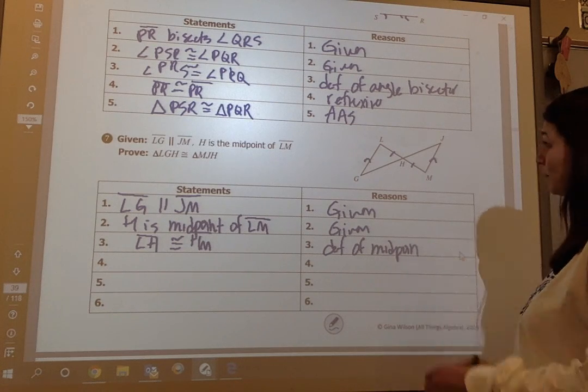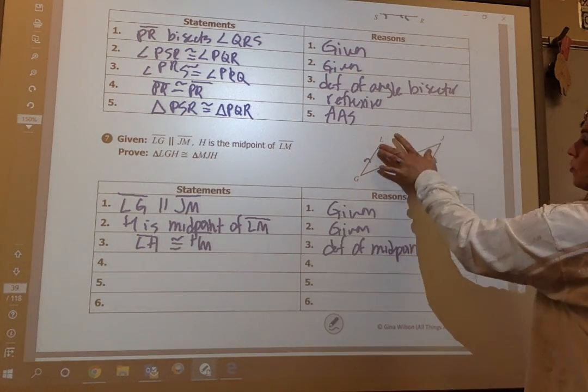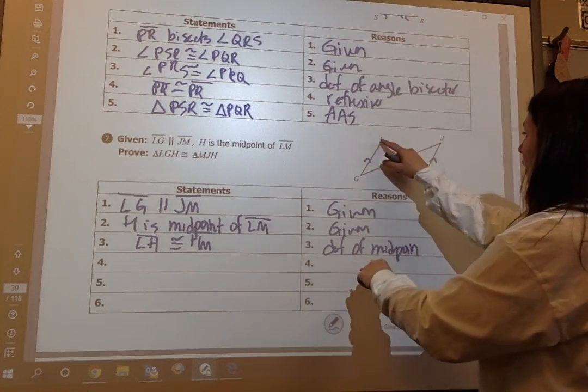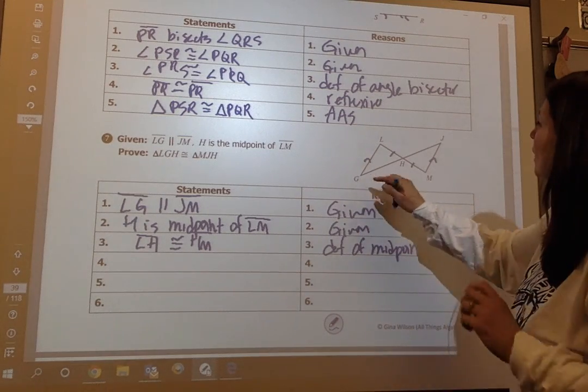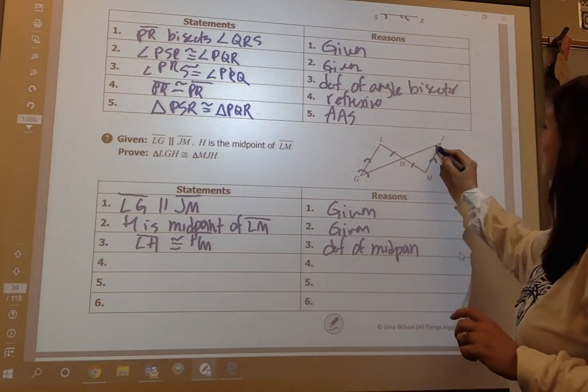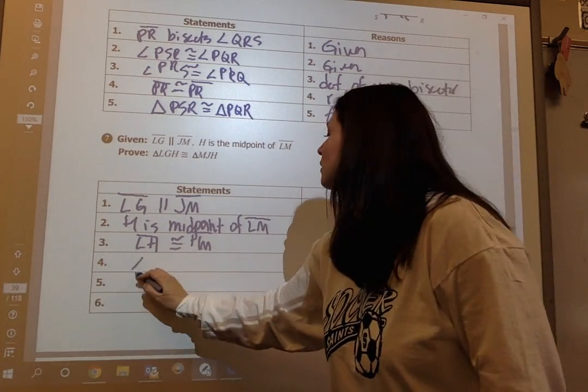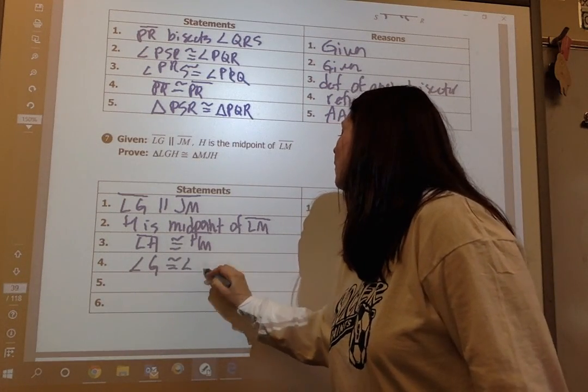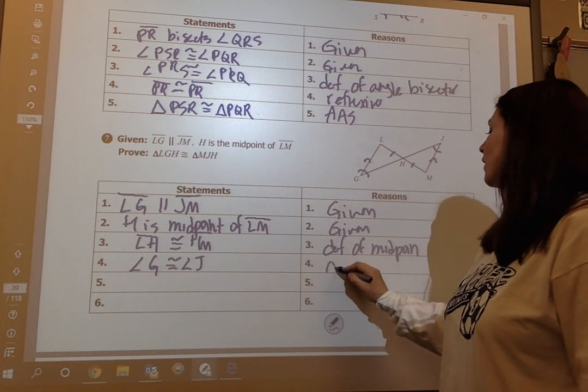Okay, now, because these two are parallel, cut by a transversal, I can say that angle G is congruent to angle J. Alternate interior angles.